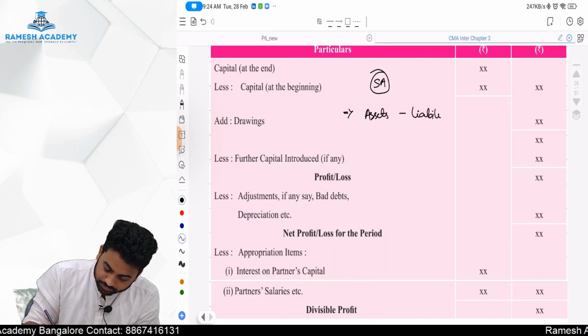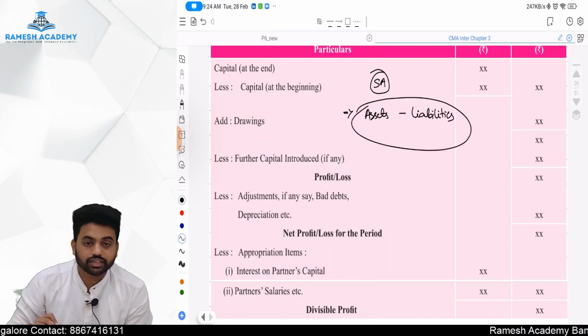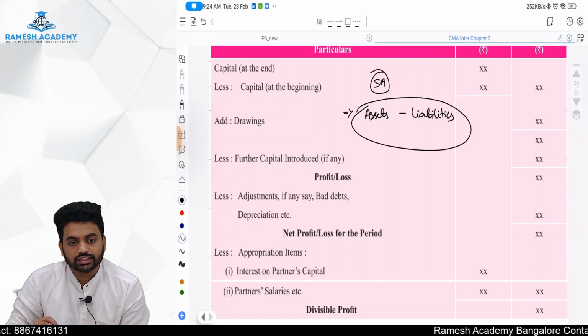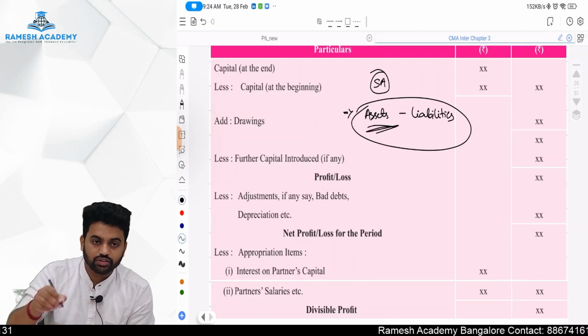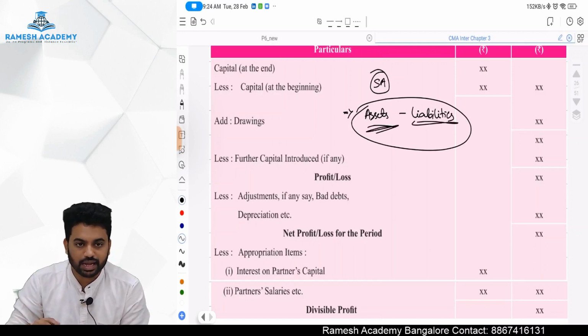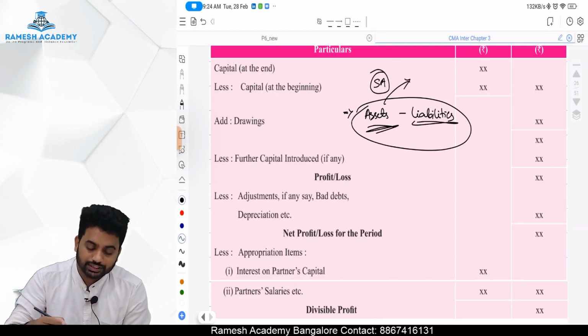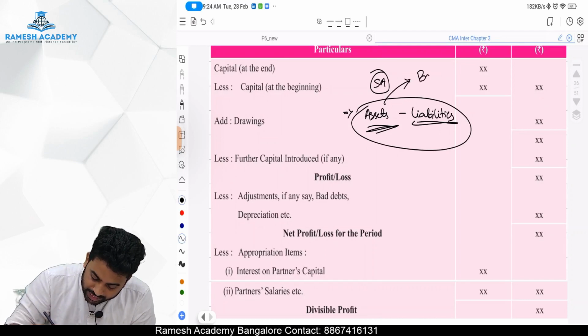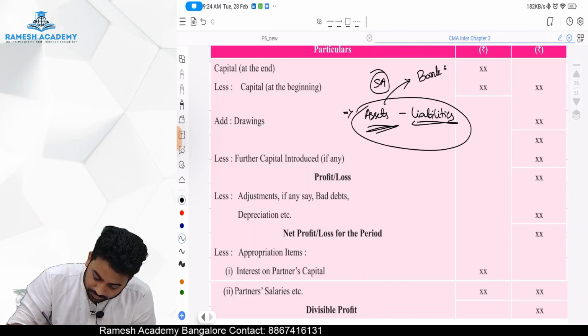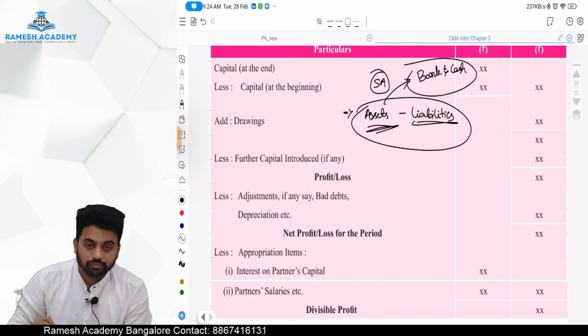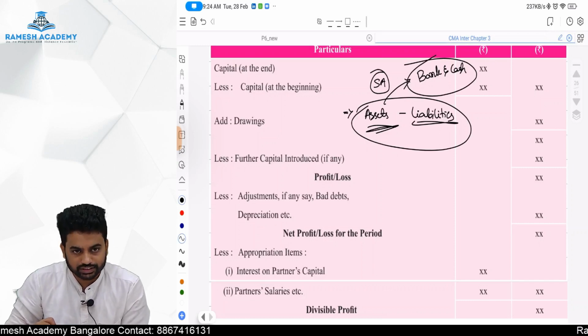We arrive at a capital using assets which should be reduced by liabilities, and the difference should be the capital. Okay sir, we arrived at it. Don't you think there is something called bank and cash in the assets? Yes sir, bank and cash are there in the assets.